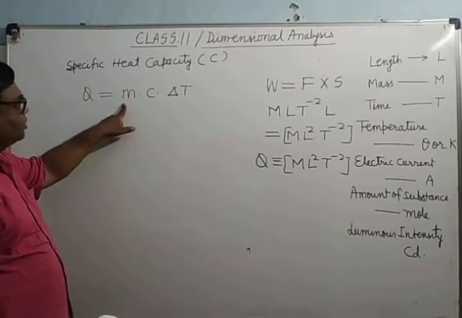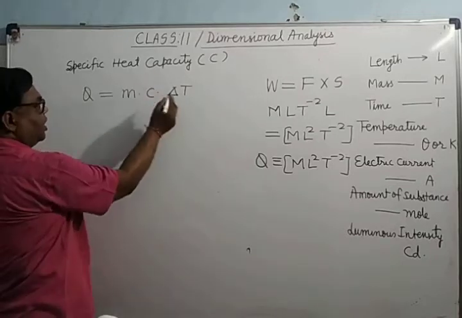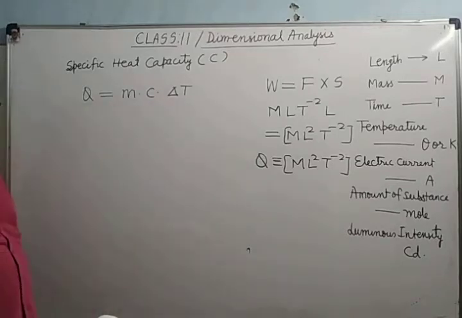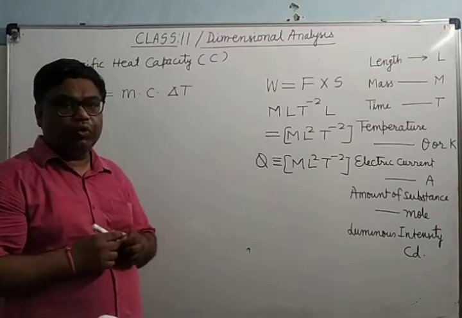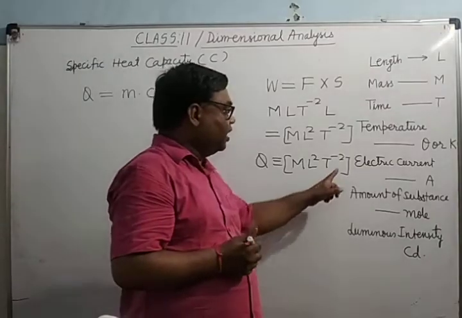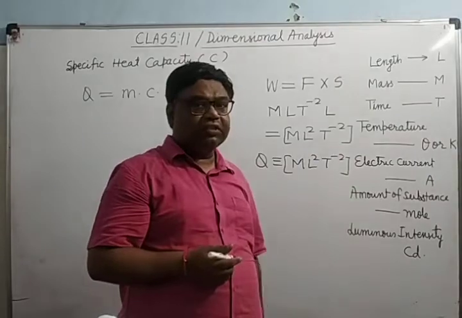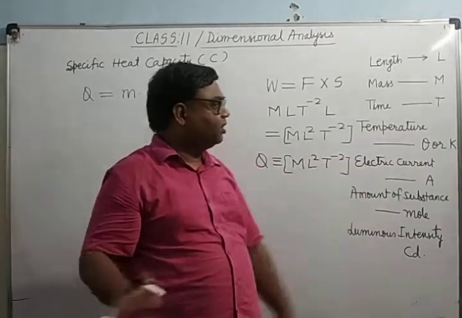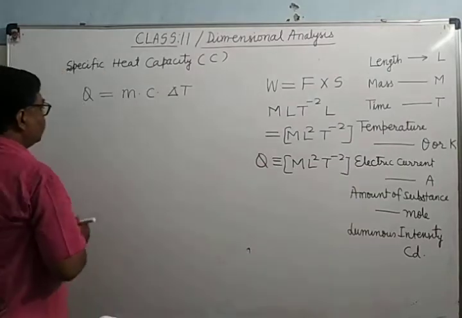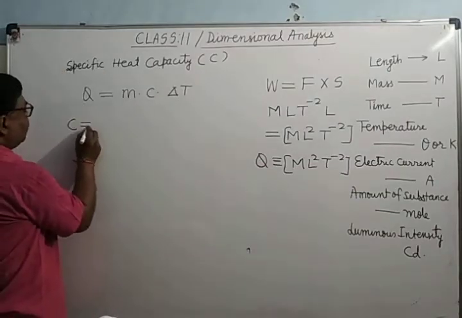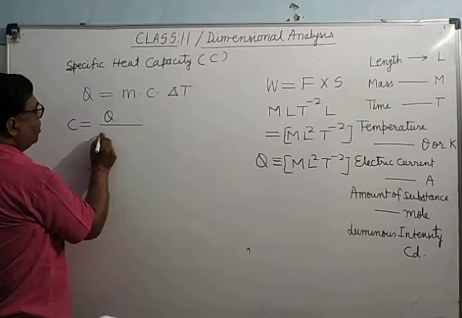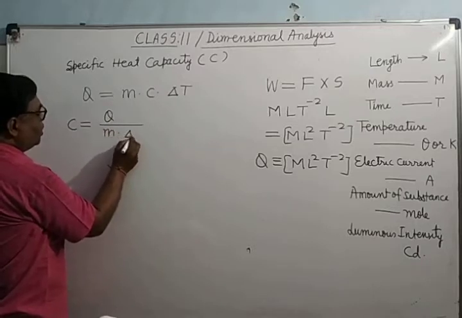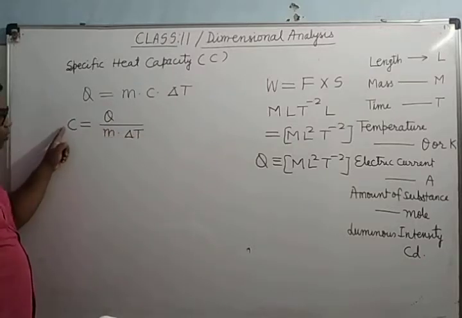Here m is mass, C is SHC, and delta T is change in temperature. Change in temperature will have the same unit as temperature. It is degree Celsius or Kelvin, and its unit we represent by the symbol theta or K. So what is C? First you make the formula Q upon M into delta T. Now you have to determine the dimensional formula of this.